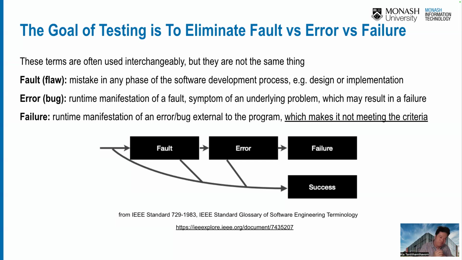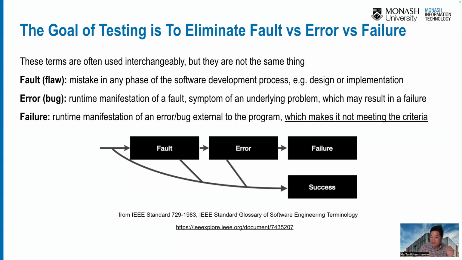Let me put it this way. Let's say you develop the addition function for the calculator app, and instead of a plus b, you write return a minus b. That's the flaw in the program, which causes a bug later on when you execute the test case.